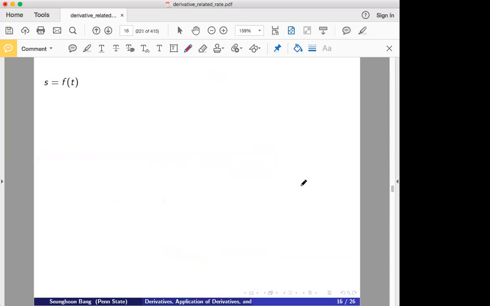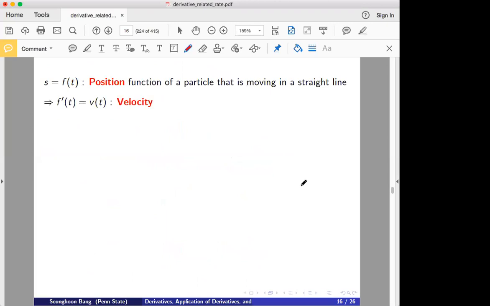The next one. S equals f of t is the position function of a particle that is moving in a straight line. F prime of t equals v of t, velocity, right? The second derivative, v prime of t, you write a of t, we call acceleration.